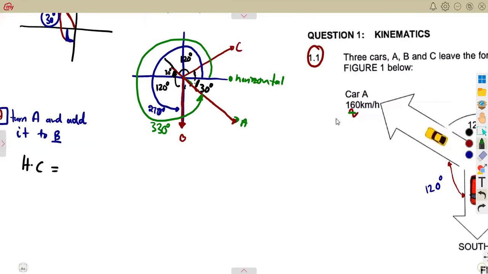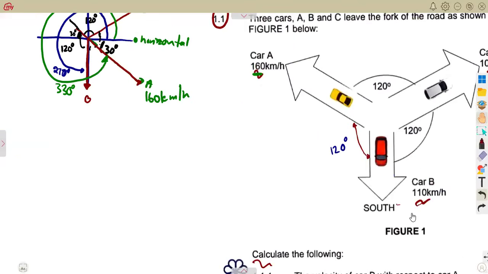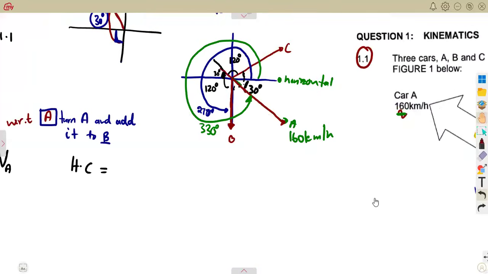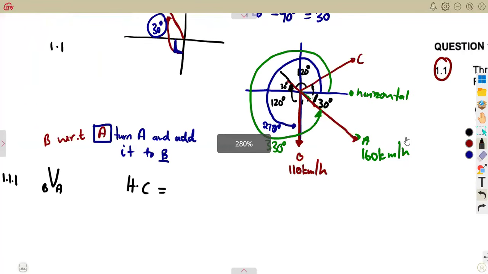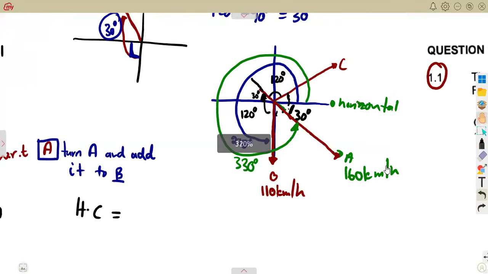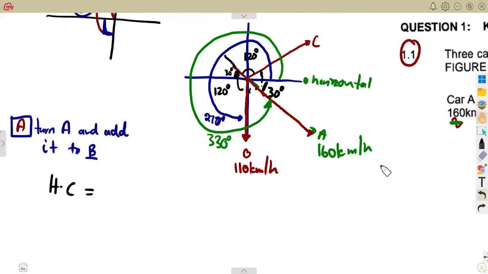All right, remember our A is at 160 kilometers per hour. And our B, it was at 110. All right. So this is our B at 110 kilometers per hour. Let's take our horizontal components. So we are going to take, like I said, everything that we are given here, the A and the B, just adding. So A is 160.